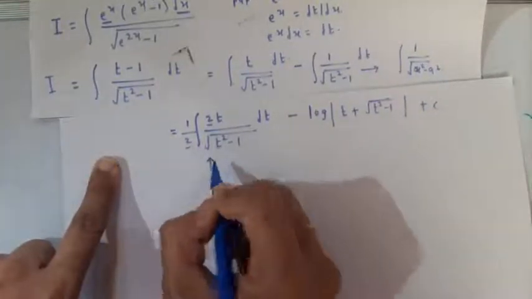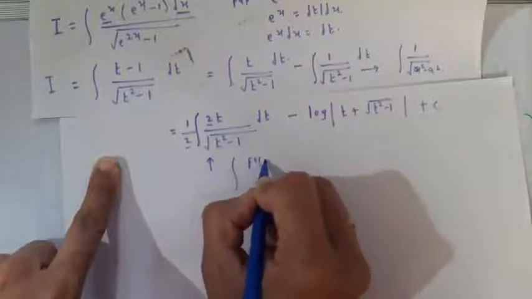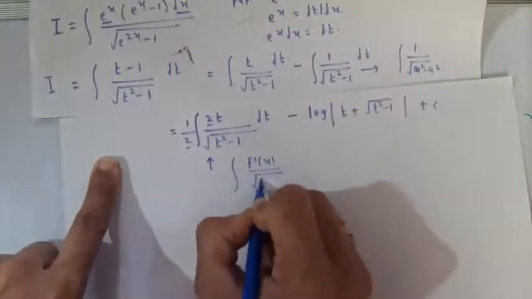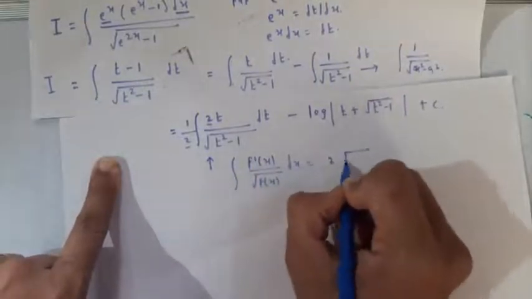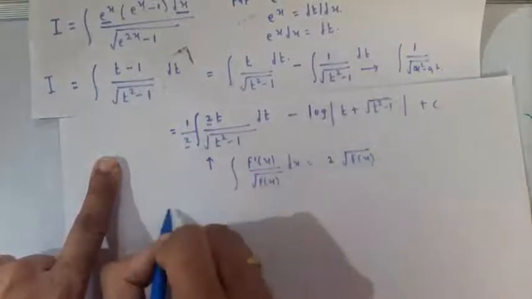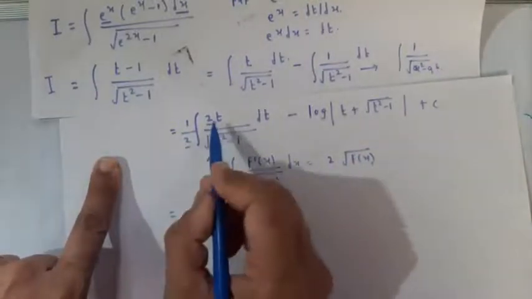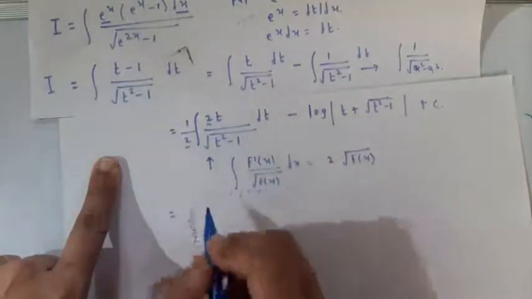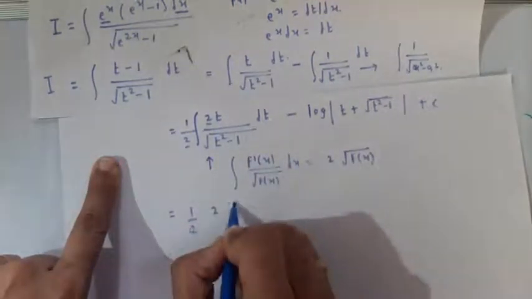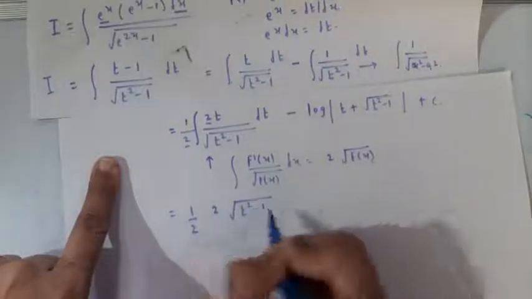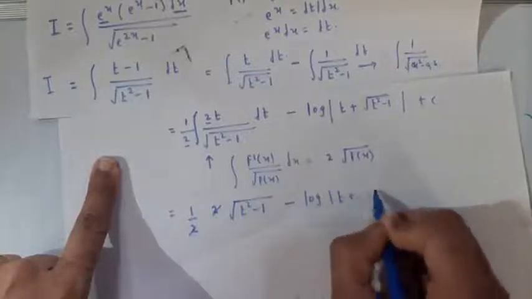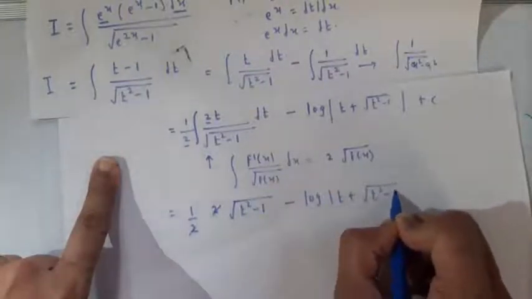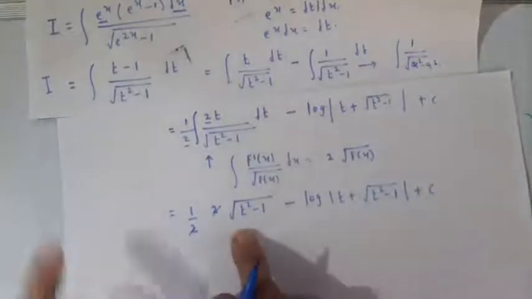Now the first term is of the form integration of f dash of x upon square root of f of x with respect to x, whose integral is 2 root f of x. So the 1 by 2 stays as it is, and the integration of f dash of x upon square root of f of x is 2 square root of t square minus 1. These 2s get cancelled, giving square root of t square minus 1 minus log of t plus square root of t square minus 1 plus constant of integration c.